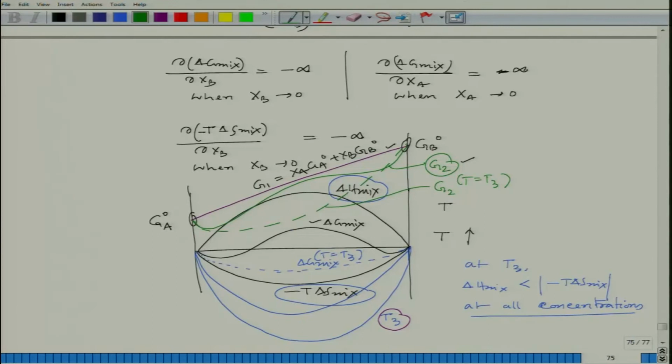So, these two conditions can be possible. That means, at low temperature we have a situation like this, at high temperature we have a situation like this, in those cases where ΔHmix is positive.